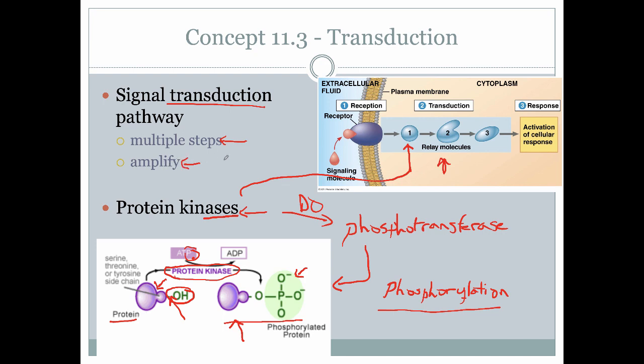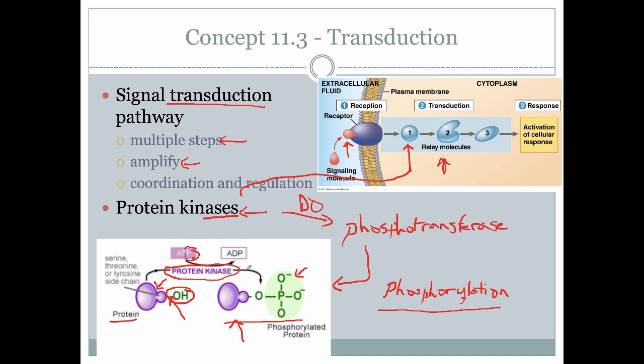And what I mean by that is a single signaling molecule can activate this internal process of transduction, but one signaling molecule can possibly activate 10 copies of the same protein kinase. So even though you have one signal, you now have 10 active kinases that are doing phosphorylation. So you're amplifying your signal inside the cell.